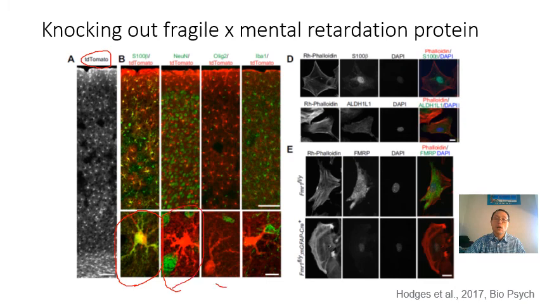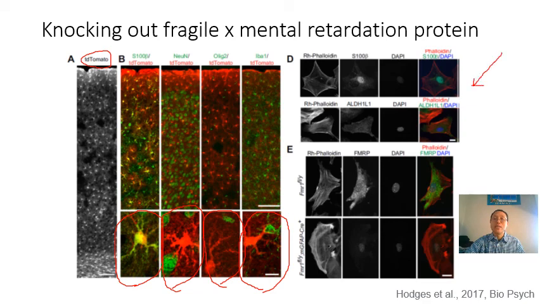They don't see co-labeling with Olig2, which labels the oligodendrocytes, and they do not see co-labeling with Iba1, which labels the microglia, which means that this very specific line is targeting the astrocytes and not anything else.